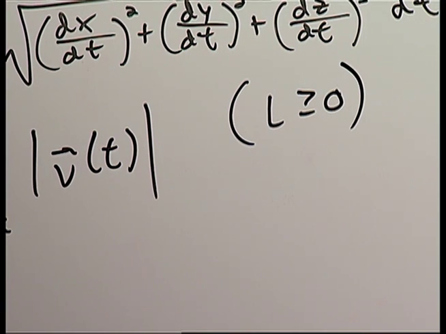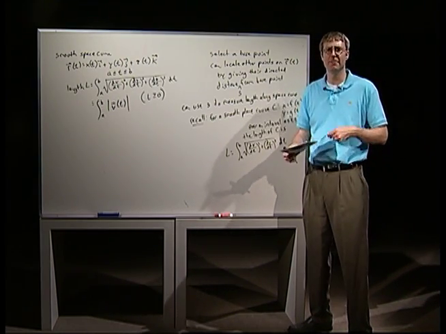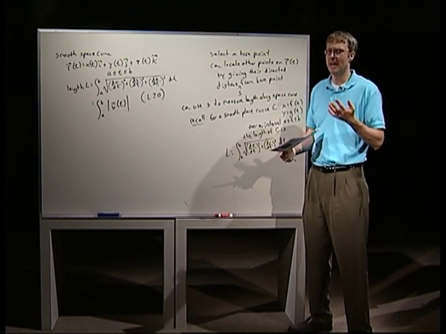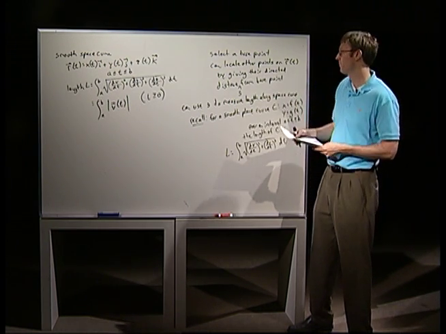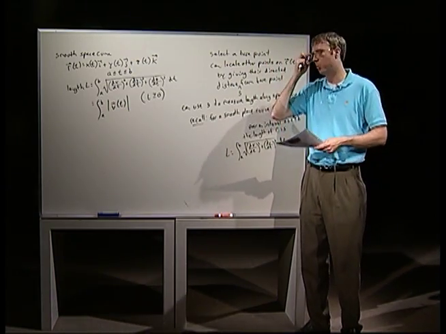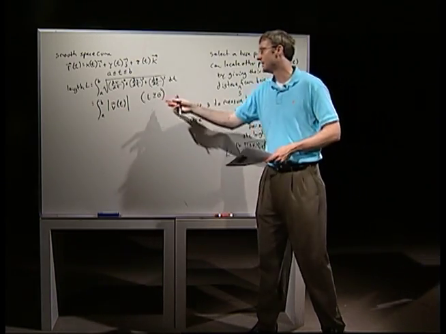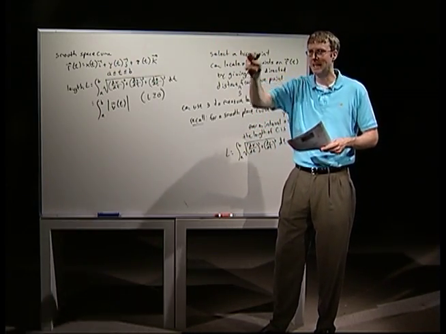We want that. This s over here can be directed. It can be positive or negative. L is a length. Length is not a negative quantity. In other words, s may take into account which way from the base point you're going. The length of a space curve has no regard for which way you trace it. It is the same length going this way as going that way.